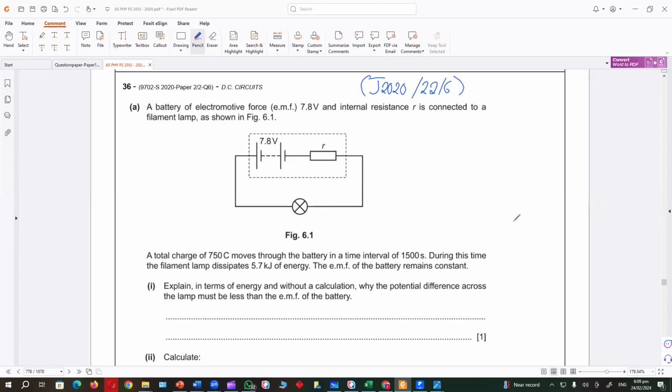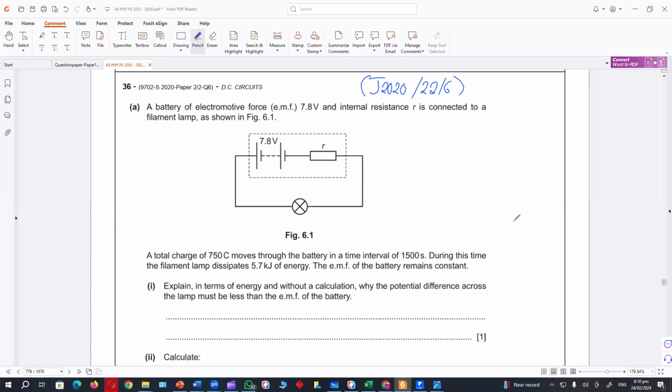A battery of EMF 7.8 volt and internal resistance R is connected to a filament lamp. The total charge of 750 coulomb moves through the battery in a time interval of 1500 seconds.